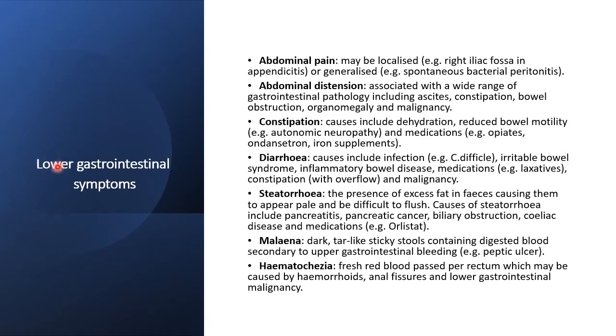The lower gastrointestinal symptoms are very important. Some of these common symptoms that we get are abdominal pain, distension, constipation and/or diarrhea, steatorrhea, melena, and hematochezia. These are the important signs or symptoms of lower GI problems.